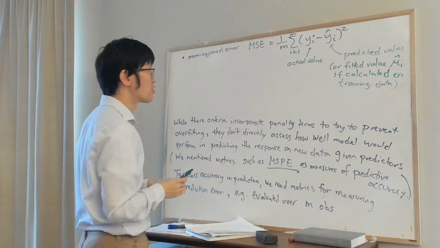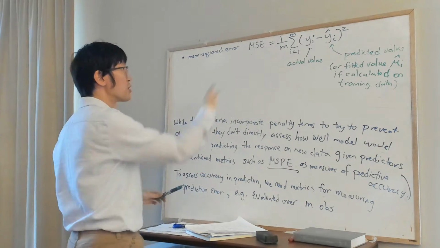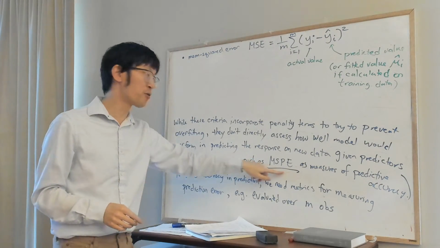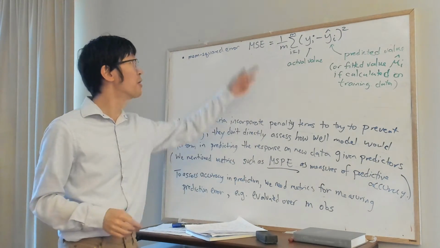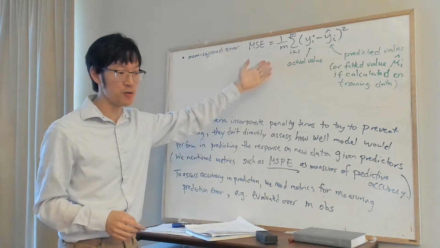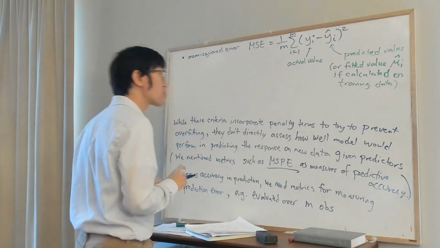That's a general way of expressing that. The only difference between mean squared error and what I've called mean squared prediction error is that we call it the mean squared prediction error when we're applying this formula on new data that was not used to fit the model.